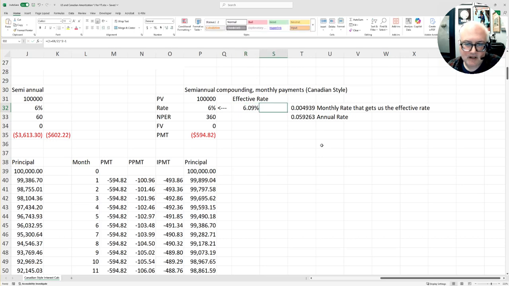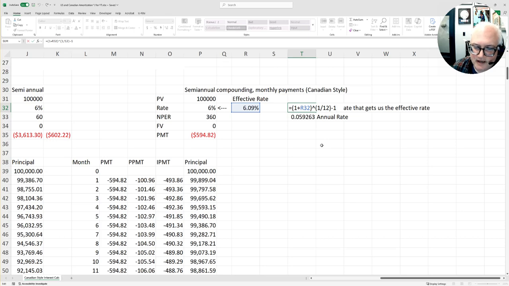Then, if we know what the effective rate is, we have to figure out what monthly rate is equivalent to 6.09% per year.